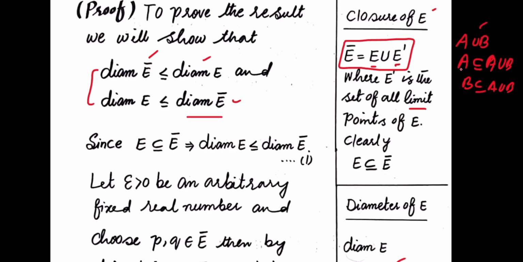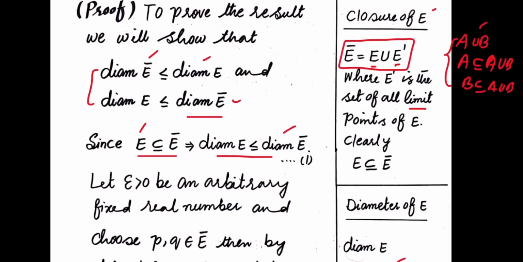So by using this concept, we can say when E closure is equal to E union E dash, then E is clearly a subset of E closure. If E is a subset of E closure, then the diameter of this set E is always less than or equal to the diameter of E closure.